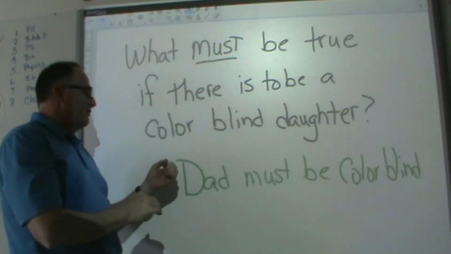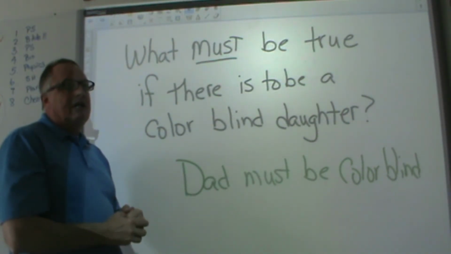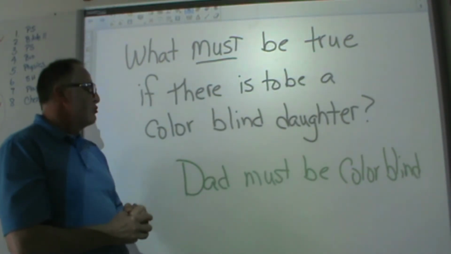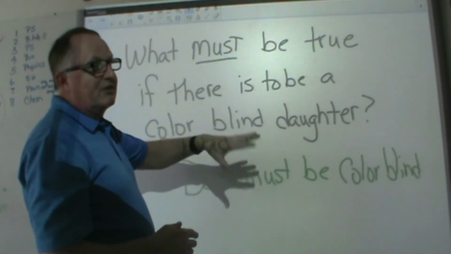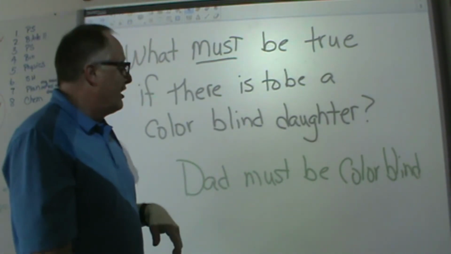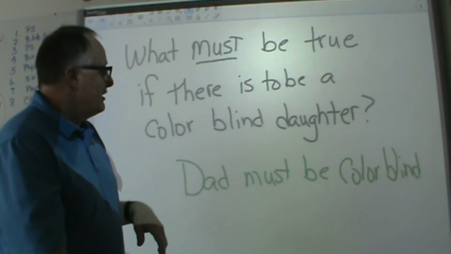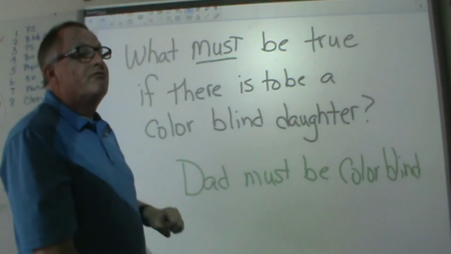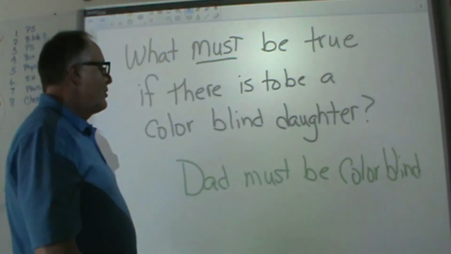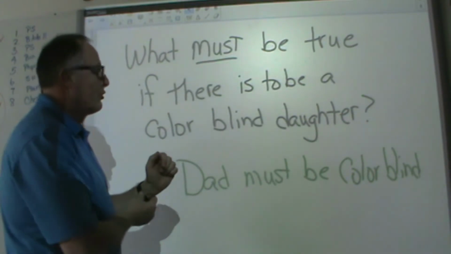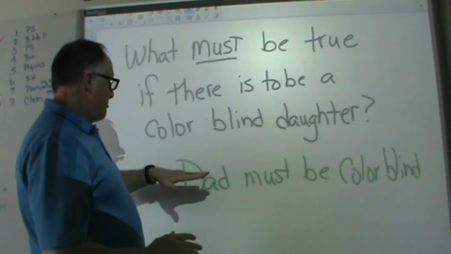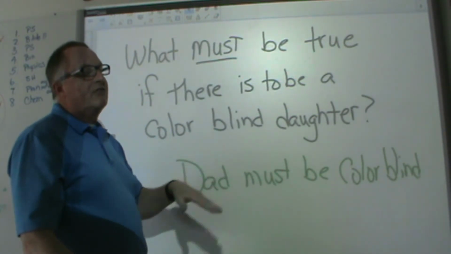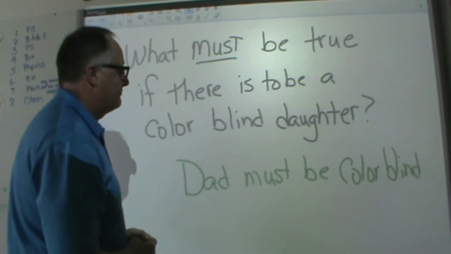If dad is colorblind and mom has normal vision, then you can get colorblind daughters if mom's a carrier. If she's homozygous for the normal allele, all of your daughters will have normal vision. But if dad sees colors, then none of the girl offspring will be colorblind.